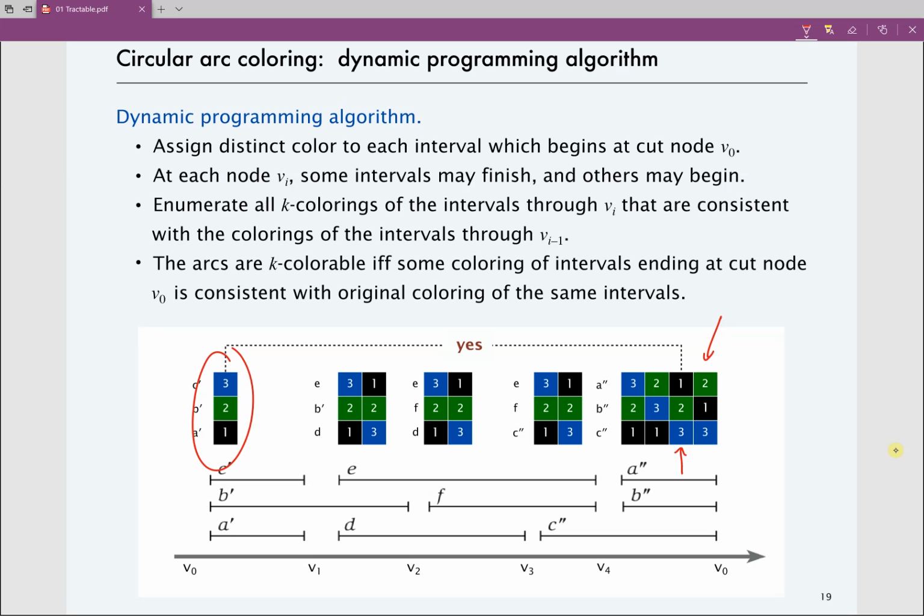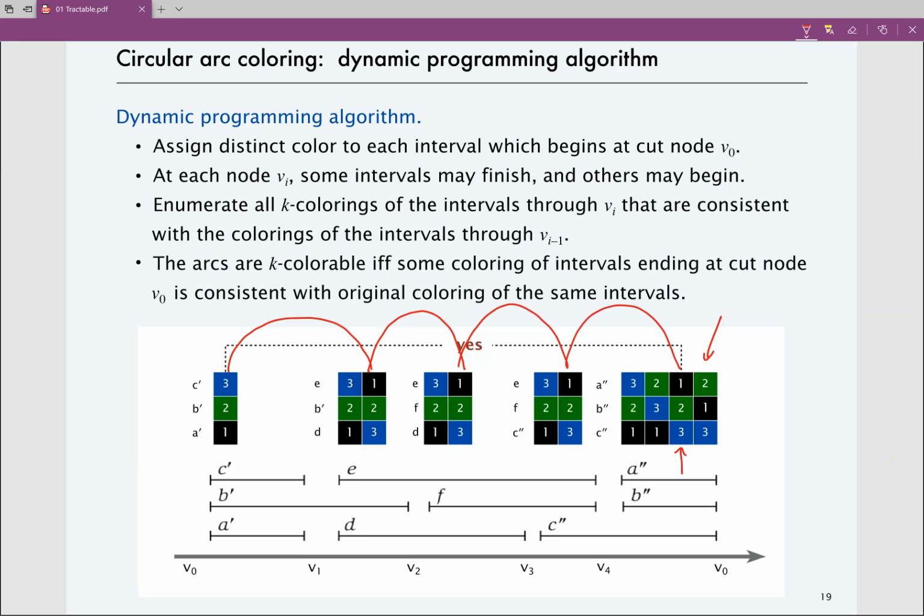So basically, what we needed to do was, we start with this coloring, then we move to this coloring, then to this coloring, and then finally to that coloring. Each of these colorings is consistent with the previous one. And so overall, we have consistency.